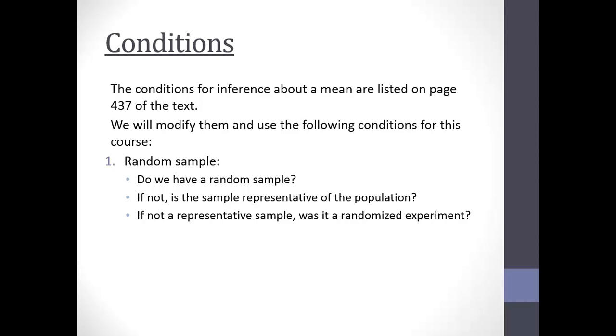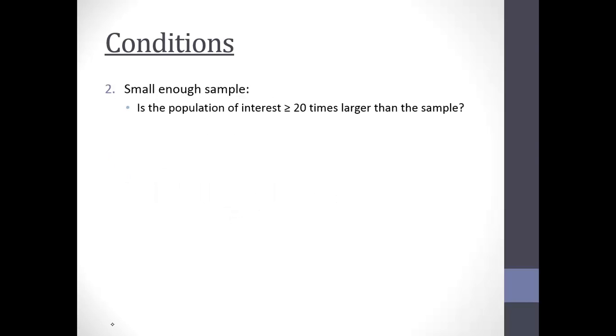The random sample condition is exactly the same as before: do we have a random sample, or at least a representative sample, or is it coming from a randomized experiment? That's the gold standard we're always hoping for, and it's often stated in the problem. If it's not stated, you have to think about where the information came from, and whether it's reasonable to assume it's random or representative. So that's our first condition.